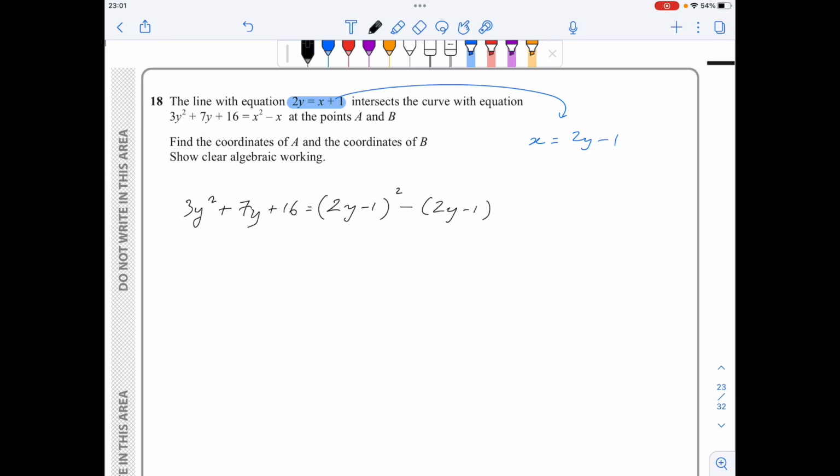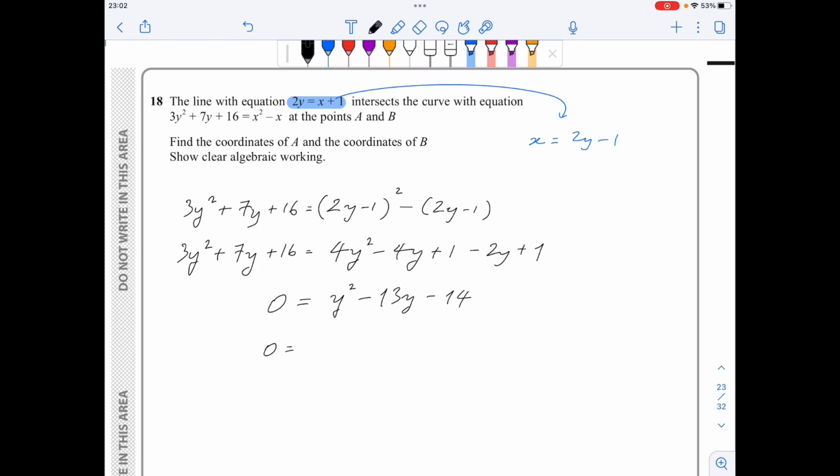So let's expand now. 3y squared plus 7y plus 16 equals 4y squared minus 4y plus 1 minus 2y plus 1. The plus at the end is because of the minus minus. Now I'll take everything to the right. So 0 is equal to y squared minus 13y minus 14.